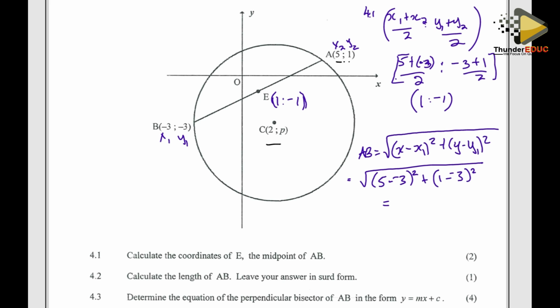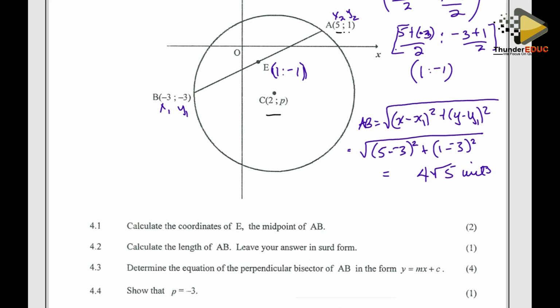I punch that into the calculator. That's going to be 8 squared, which is 64, plus 4 squared, that is 16. 16 plus 64, guys. Is it 80? I'm having root 80, that is 64 plus 16, which gives us 80. And then the square root of 80 gives us 4 root 5 units.